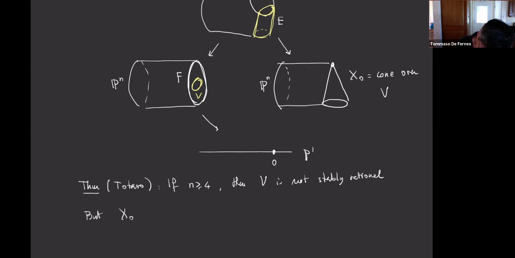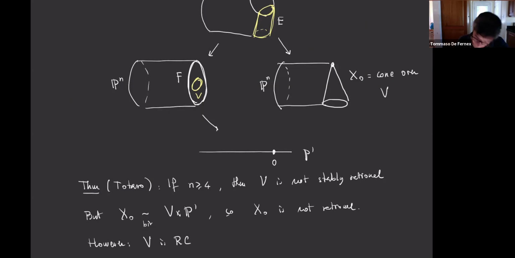But X0 is birational to V cross P1. So X0 is not rational. On the other hand, however, V is rationally connected. And this implies that X0 is rationally connected.